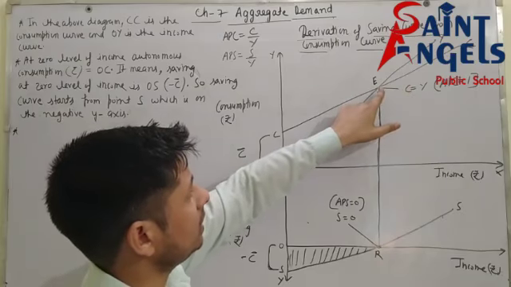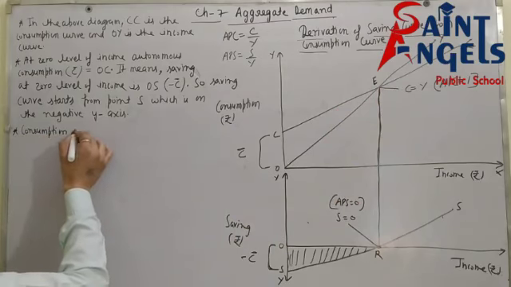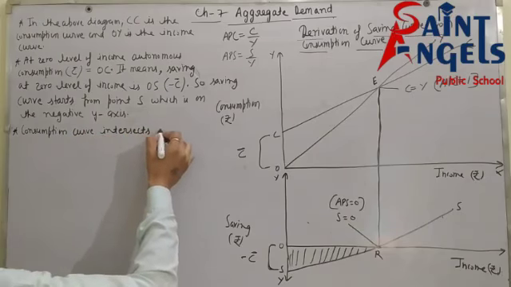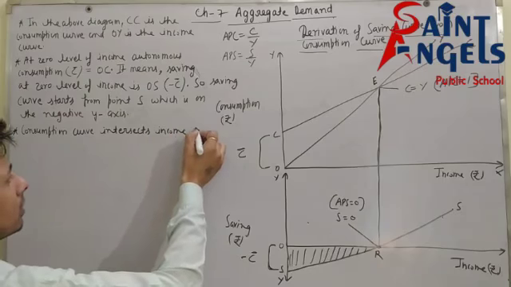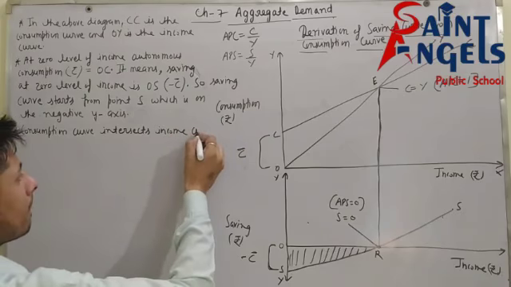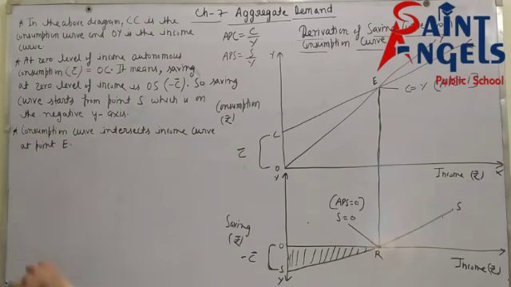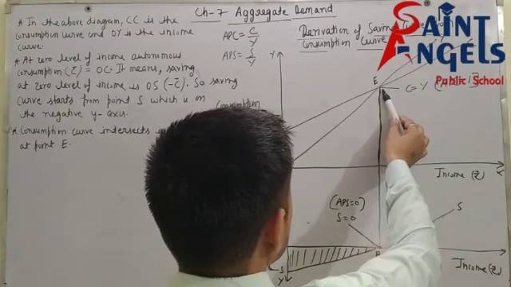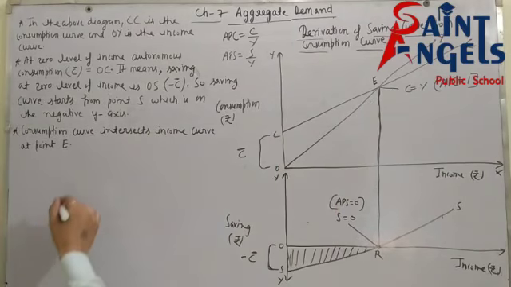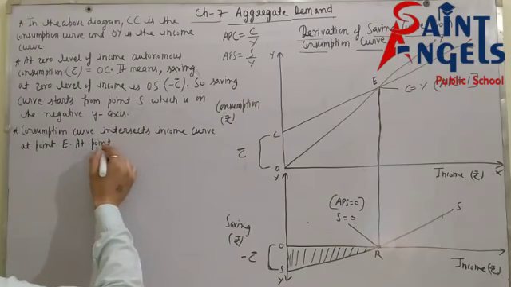See, the consumption curve intersects the income curve at point E. At this point, the consumption curve intersects the income curve at point E.